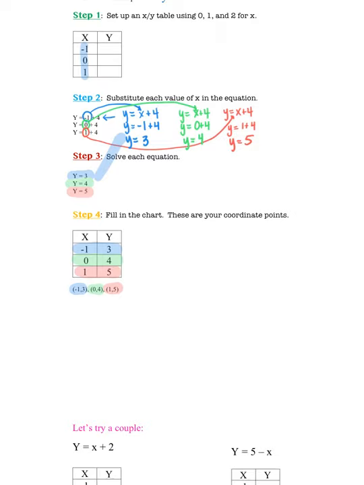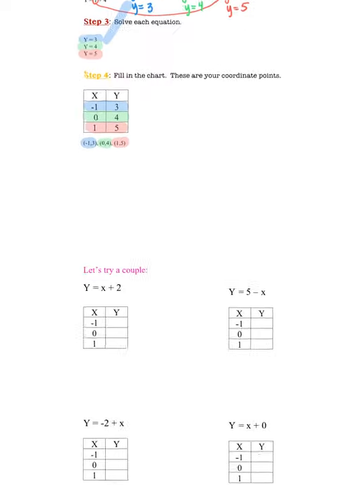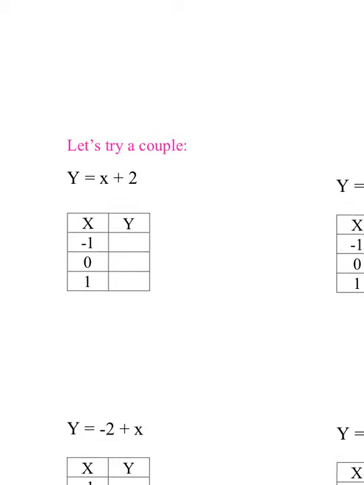So let's try another one. My equation says y equals x plus 2. So when x is -1, I'm going to write to the side y equals -1 plus 2, y equals 1.